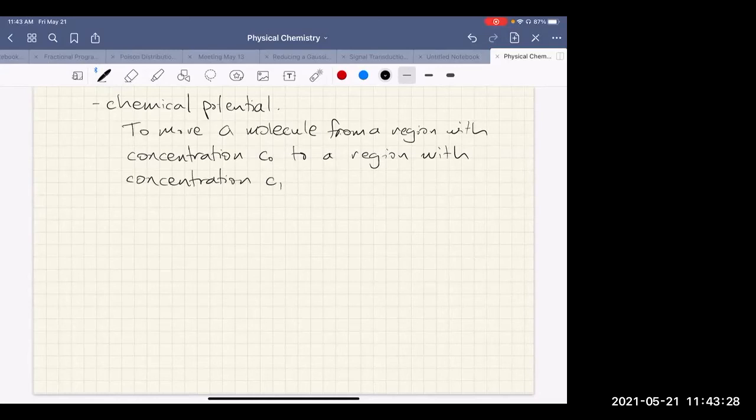the molecule here is the molecule with respect to which we are measuring the concentration.